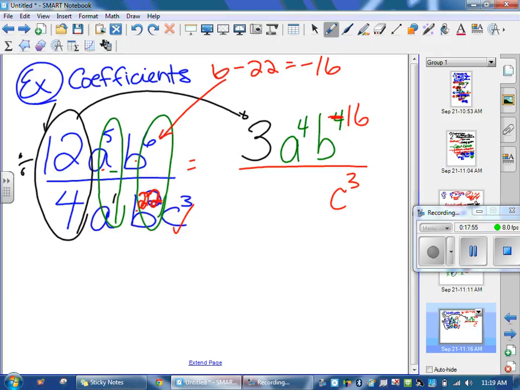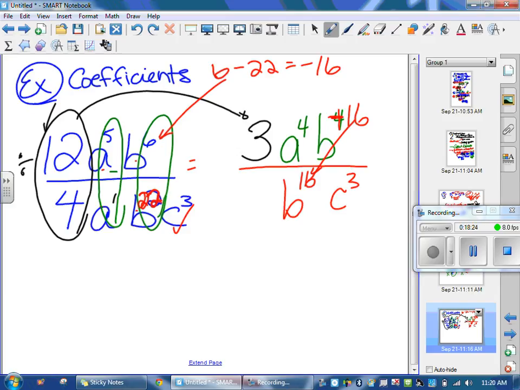Do we keep b's as negatives or anything negative? No. So where's my big number? On the bottom. So where should this guy go? To the bottom then. So then this guy would go b^16, and the 16 would change to a plus if I move him to the bottom. Okay, so he originated on the bottom, the big number, he will stay on the bottom positive with a big number. Okay? Because remember, we can switch things positives and negatives if they're in the wrong spot.